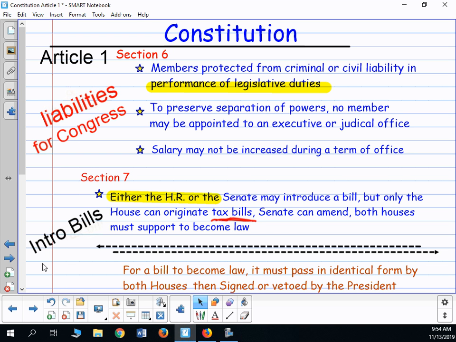So they are protected as long as they are not committing a crime. All right, so the purpose of this is to preserve separation of powers.